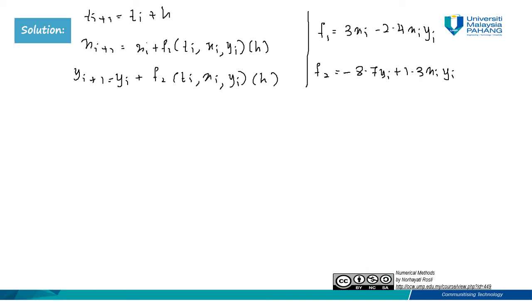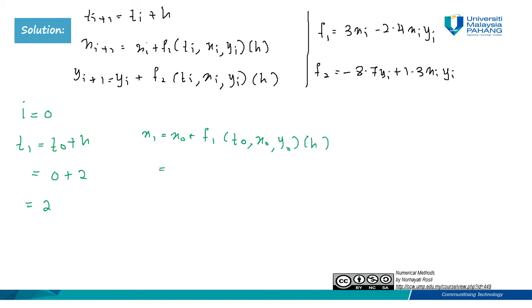We just need one iteration only because we just need to find x1 and y1. So we start with i equal to 0. We will have T1 equal to T0 plus h. That means T0 is equal to 0 plus our step size 2, so we have 2. Then for x, when i equals 0, we will have x1 equal to x0 plus f1(T0, x0, y0) multiplied with h.